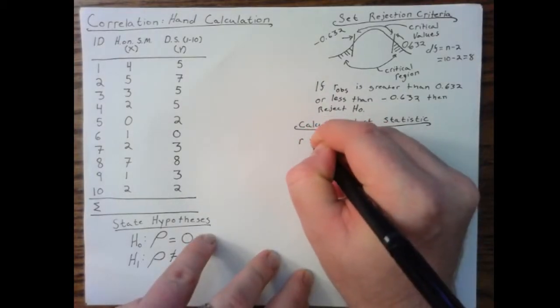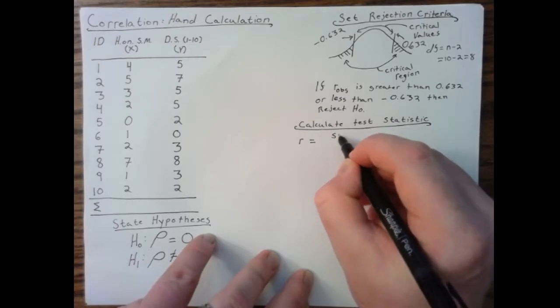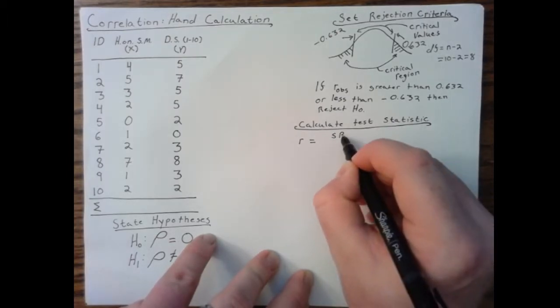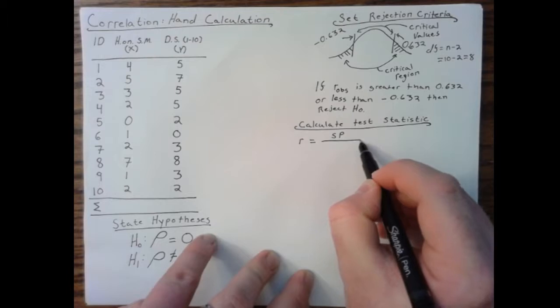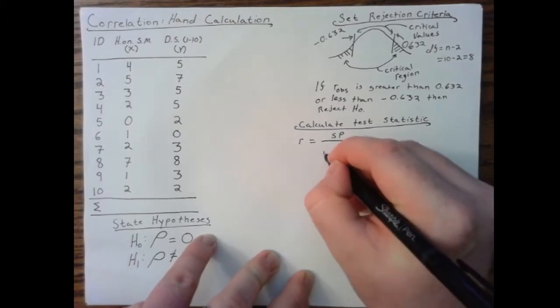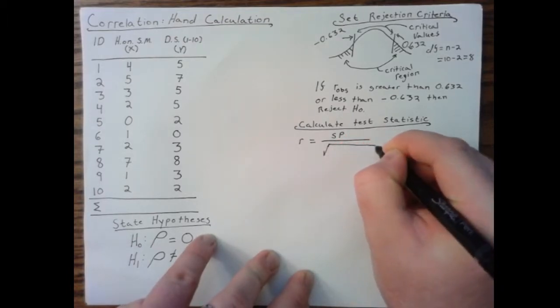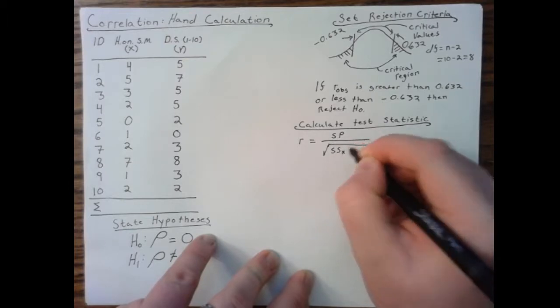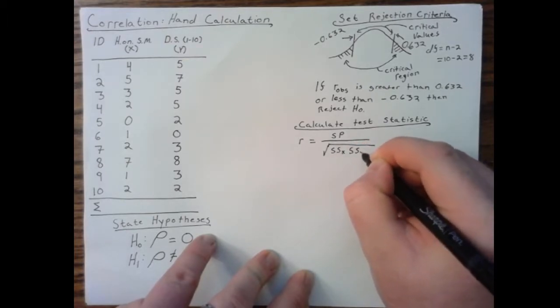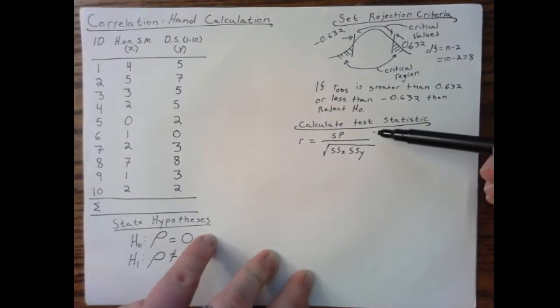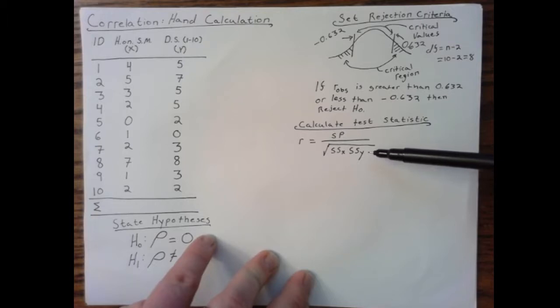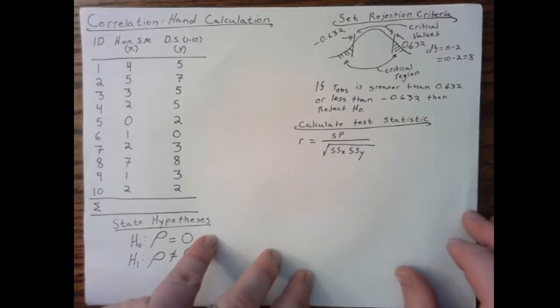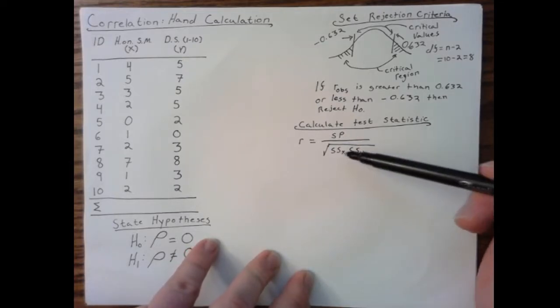The first of that is going to be the formula for Pearson's R, which is R is equal to the sum of products, which is SP, which is a measure of covariance, divided by the square root of the sum of squares of x times the sum of squares of y. So how much do the two variables vary together versus what is their total degree of variation? Sort of giving us this ratio of how much of their variation is together.